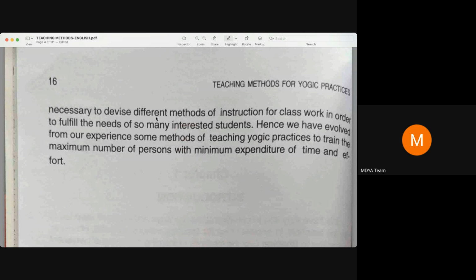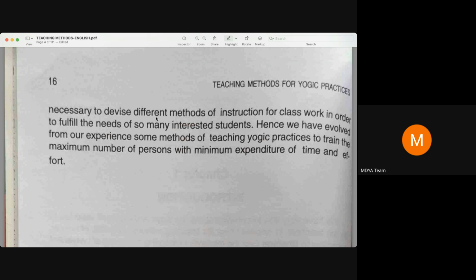So they were knowledge seekers basically. So 100% interested students only approached that particular teacher, and they did all kinds of work in the gurukuls.